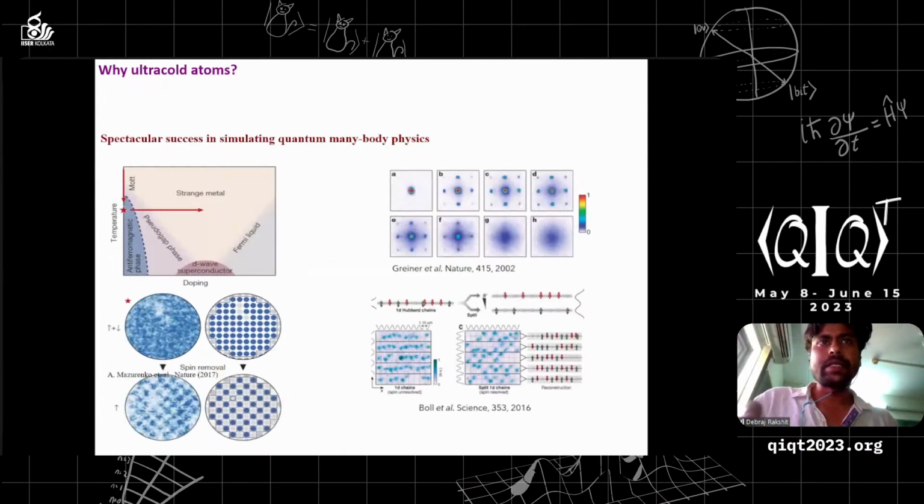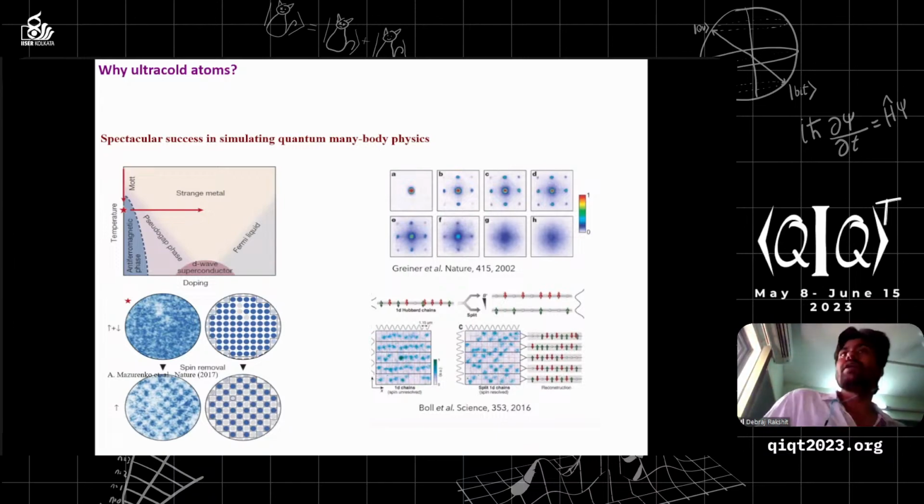I have not spent much time here, but there are a couple of experiments just to motivate this. This is actually a very mature field. Ultracold simulators have been going on for a couple of decades now, and very beautiful physics has been observed.